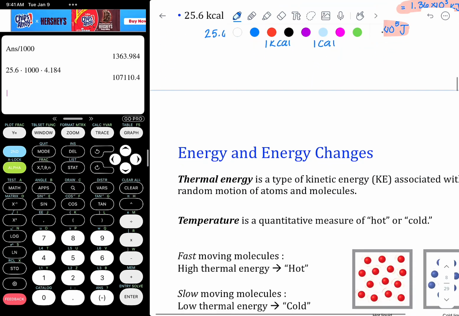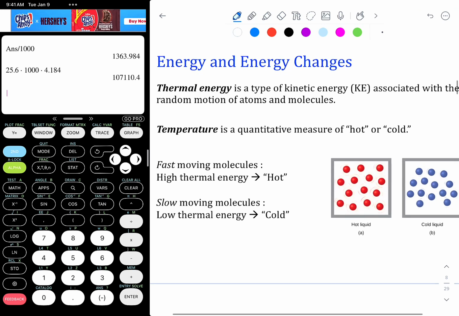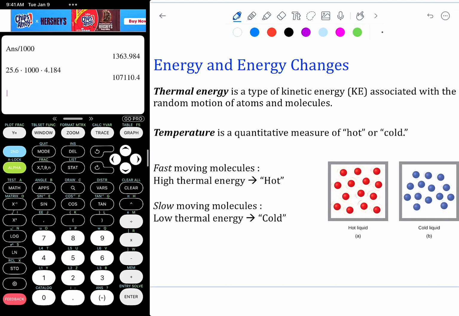So now we're going to talk more about thermal energy and how it relates to temperature. Thermal energy is a type of kinetic energy associated with the random motions of atoms and molecules. So we call it thermal energy because it has to do with heat. And we know, back from when we started learning about atoms and molecules, that when we increase the temperature, the molecules are going to be moving faster, and if we decrease the temperature, the molecules are going to be moving slower.